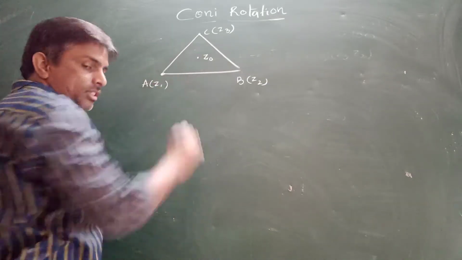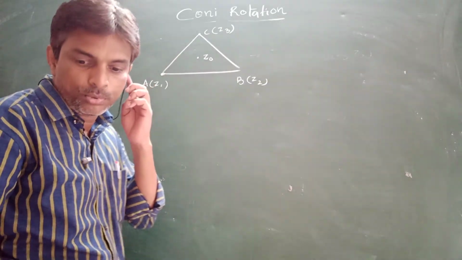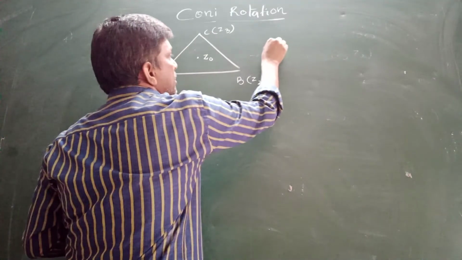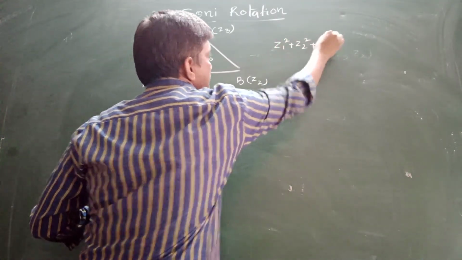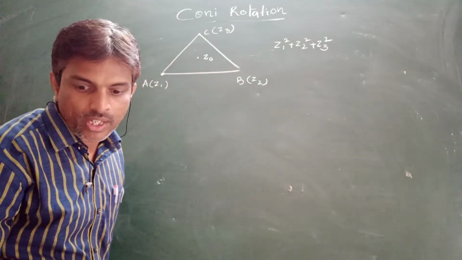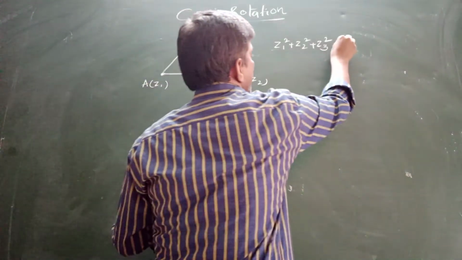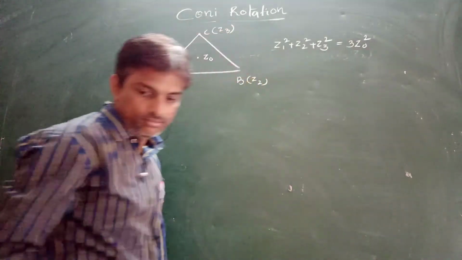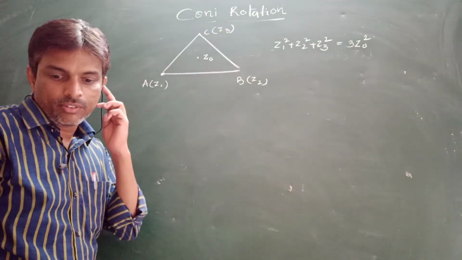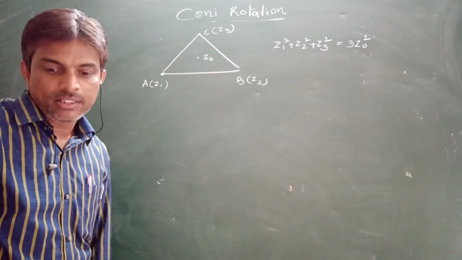Now we are asked to prove Z1 square plus Z2 square plus Z3 square is equal to 3 times of Z0 square. So we are asked to prove this particular result.